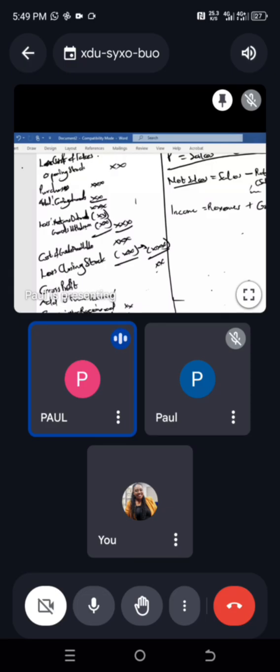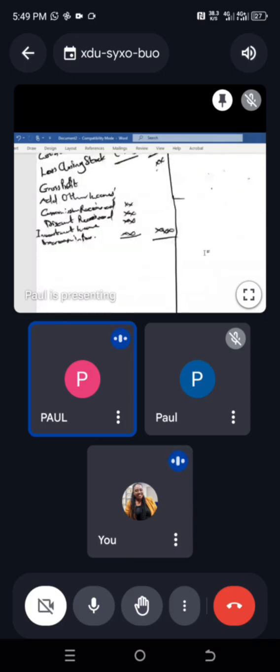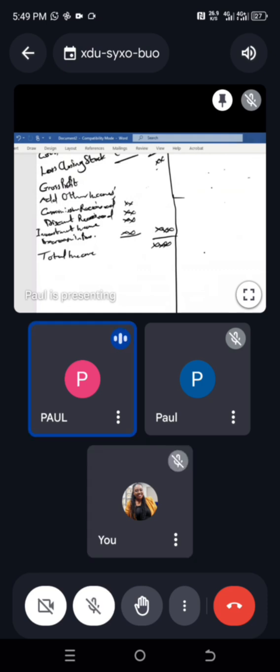So you add all this to your gross profit to get your total income. Easy to understand? Okay. To get your total income. This is on the last one.